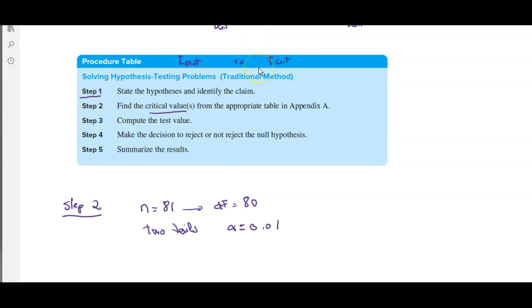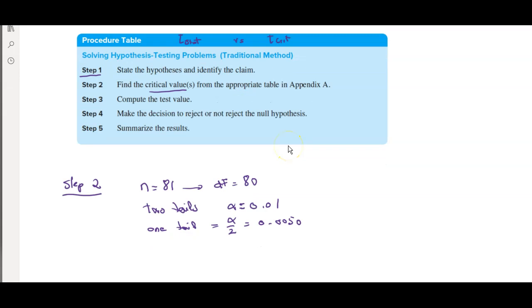That is only for two tails, so one tail of it will be equal to alpha over 2, and that's going to be 0.005, right? So now I can use my table. It's a t table, and this should give me the t critical.